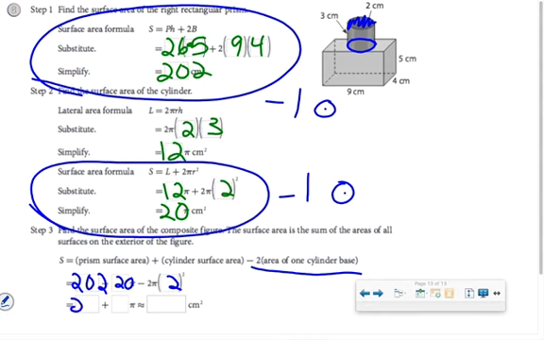So that's 202 plus 12 pi. And when I evaluate that, I get approximately 239.7 square centimeters.